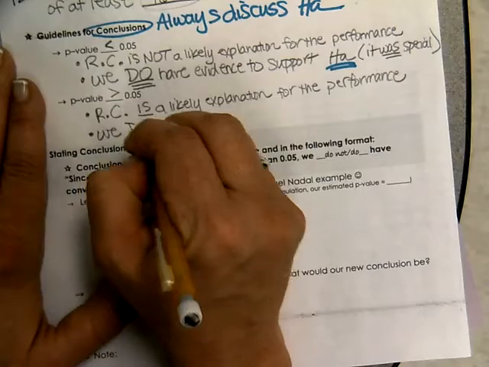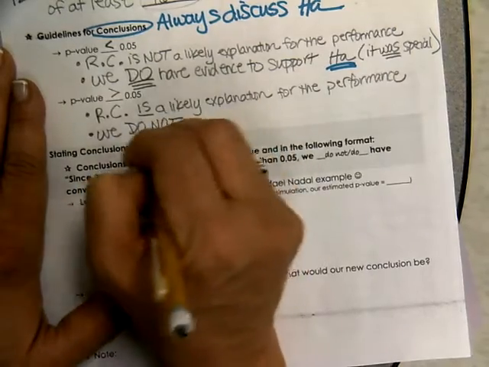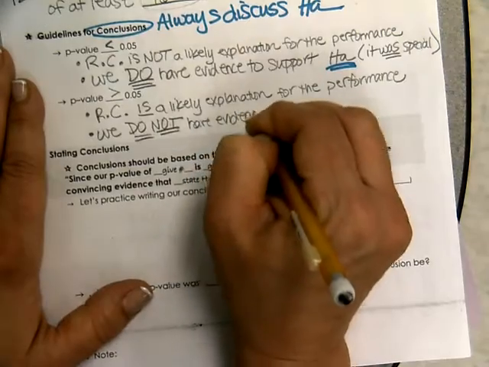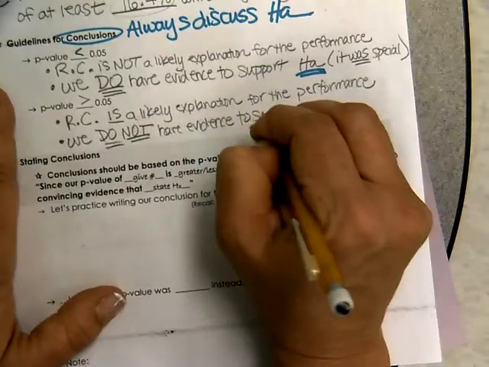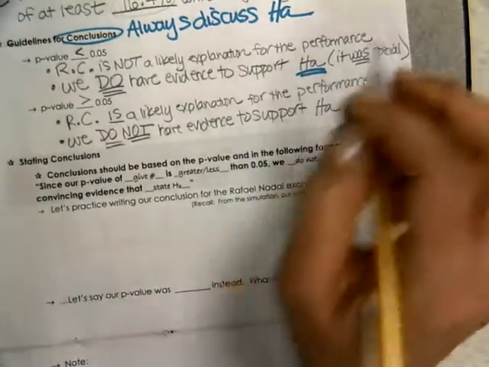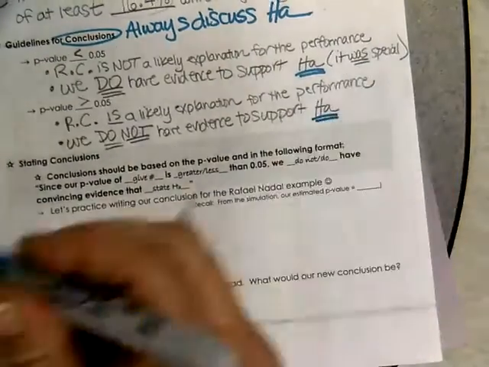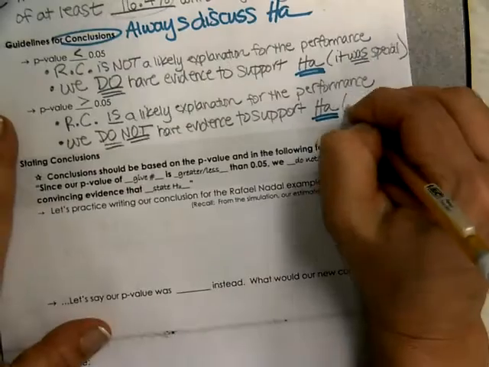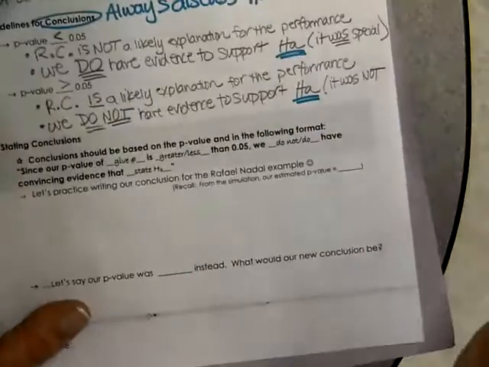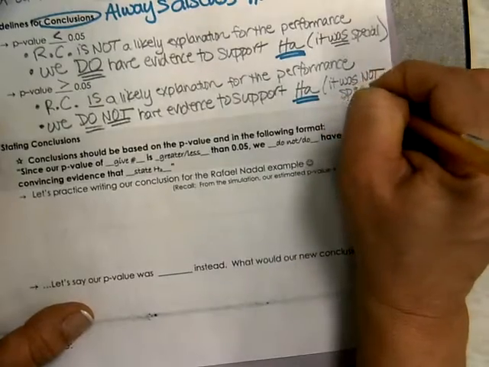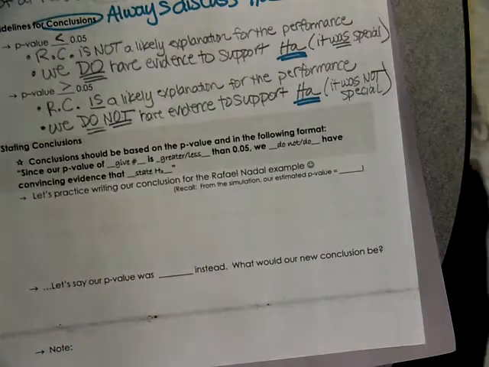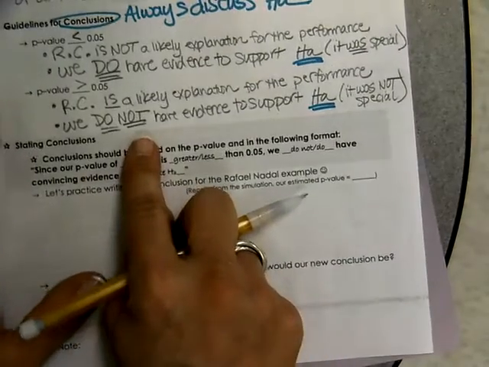So that means that we do not have evidence to support, again, our alternate hypothesis, our HA. If it happened more than 5% of the time, it was not special. And if it was not special, then we can't say there was any difference in ability. Again, it was just random chance.